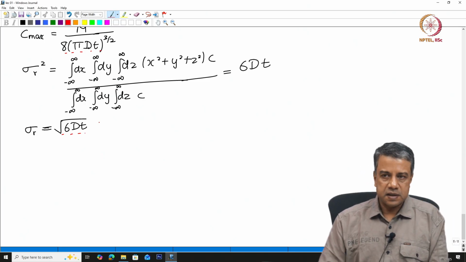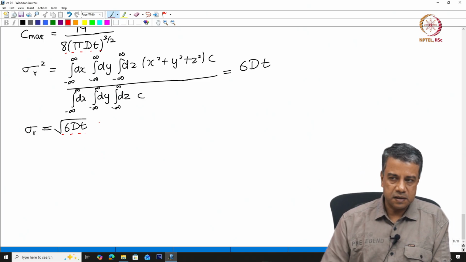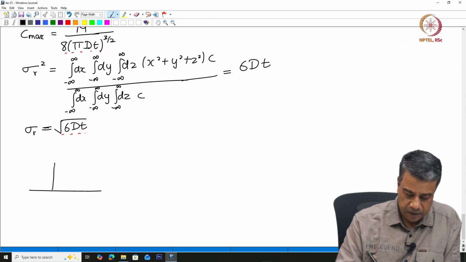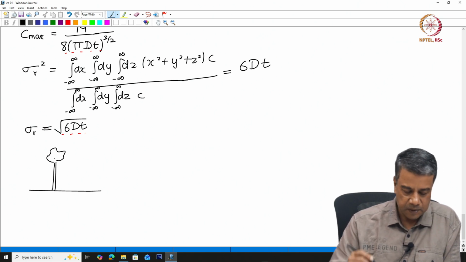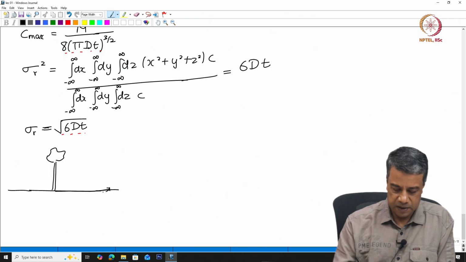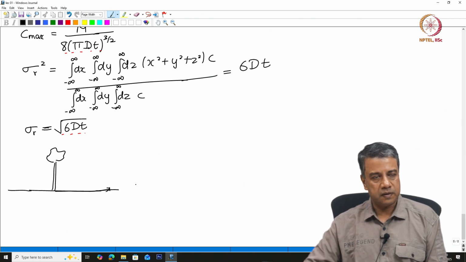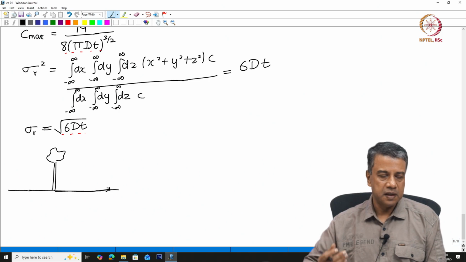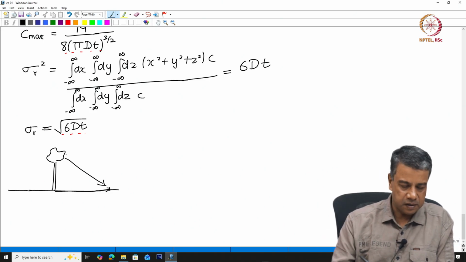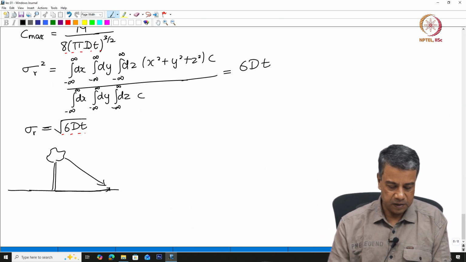So, this is a problem that is, for example, if you had some kind of a factory with a smokestack that emits some poisonous fumes, and you want to know the maximum distance beyond which it is possible for people to live, because the pollutant concentration has to be less than a maximum value for people to be able to live at a particular distance r from the location where the pollutant is ejected.